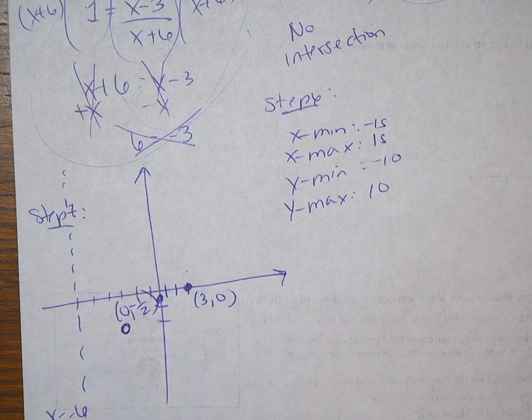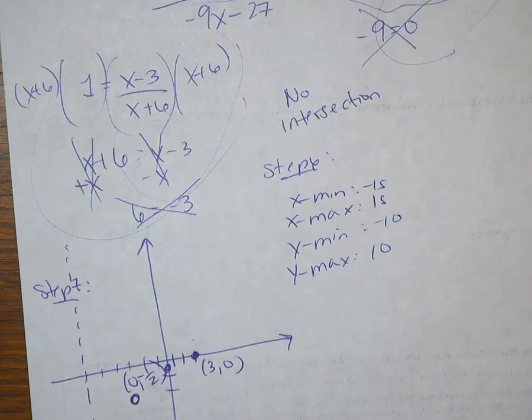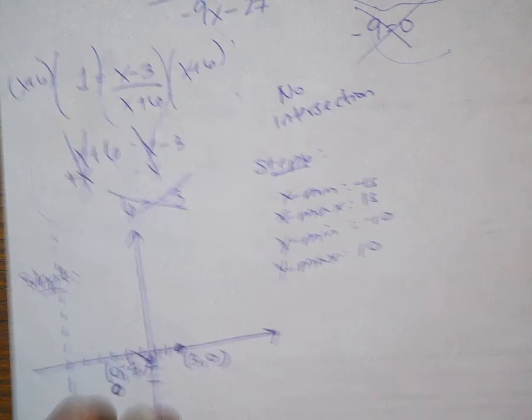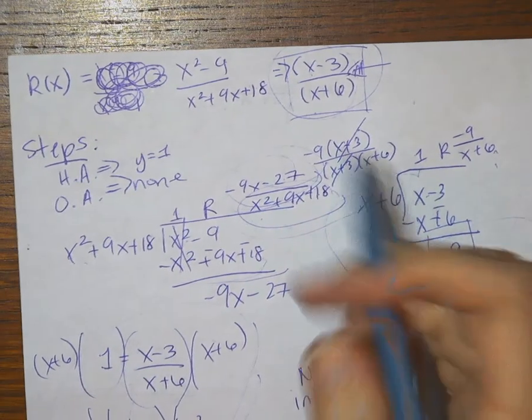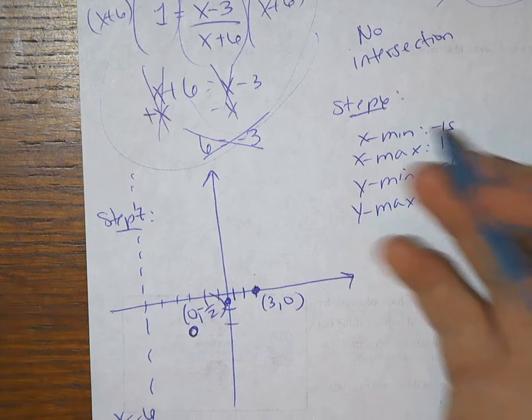So we really make this large open circle so we can really emphasize that there's a hole at this point. Okay. And then if we keep looking at our information, we see up here we had a horizontal asymptote at y equals 1, so we should be drawing that as well.